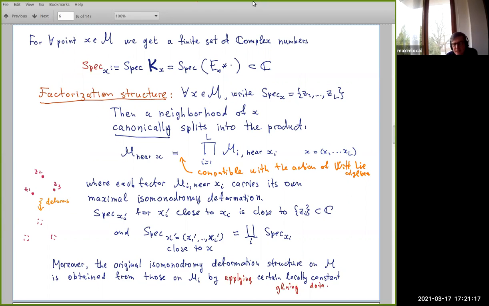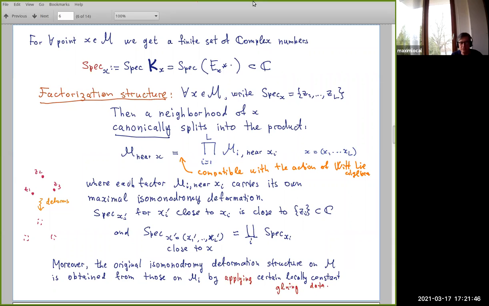By the way, this Witt algebra can be seen as polynomial vector fields in the variable Z, exactly where the spectrum lives. And now what goes on? Each factor, which is a germ of a supermanifold near Xi, carries its own maximal isomonodromic deformation. And in particular, you get spectra for these individual isomonodromic deformations.